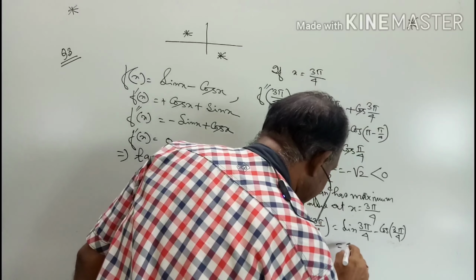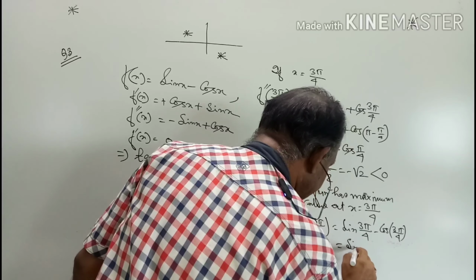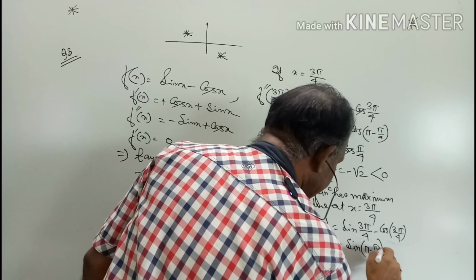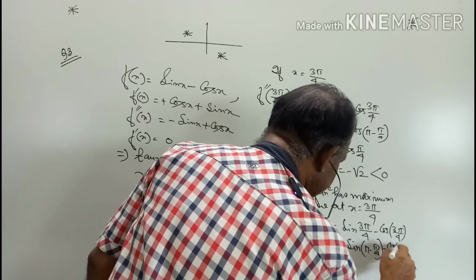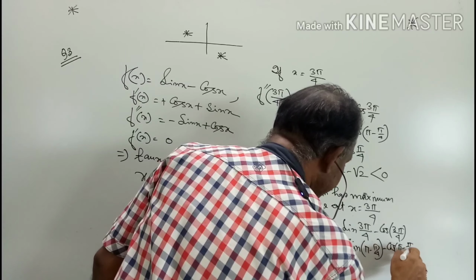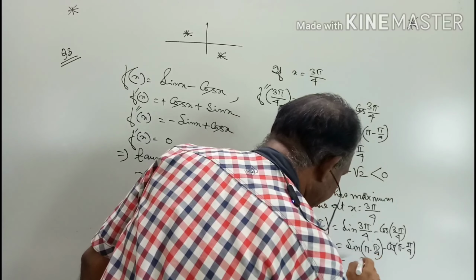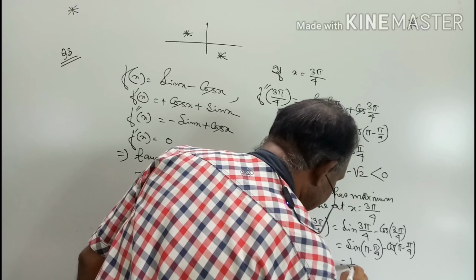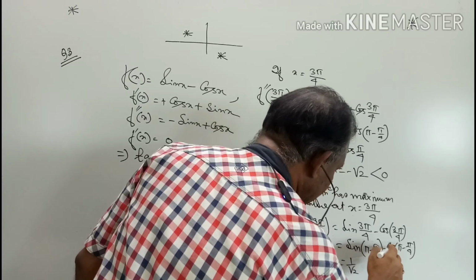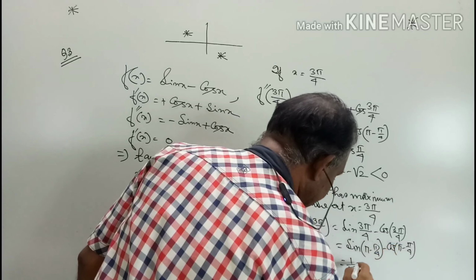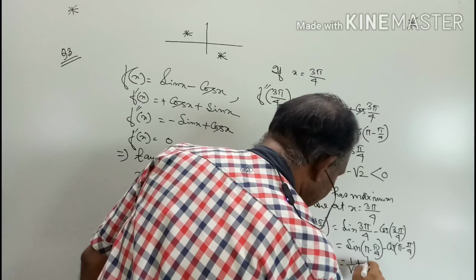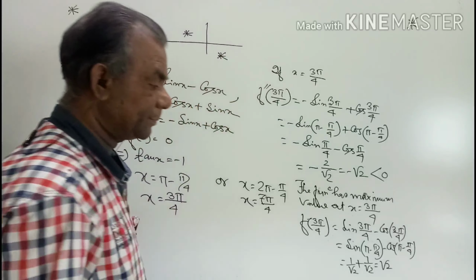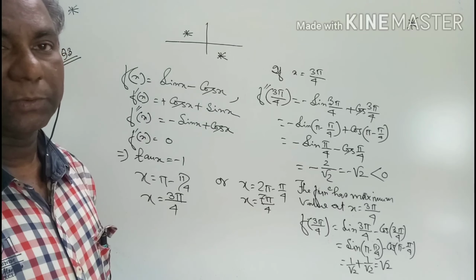So what should that be? It is 180 minus theta, also cos 180 minus theta. So it will be sin pi by 4 plus sin pi by 4, that is 1 by root 2, and cos will be minus cos pi by 4, minus minus cos pi by 4 means 1 by root 2, equal to root 2.